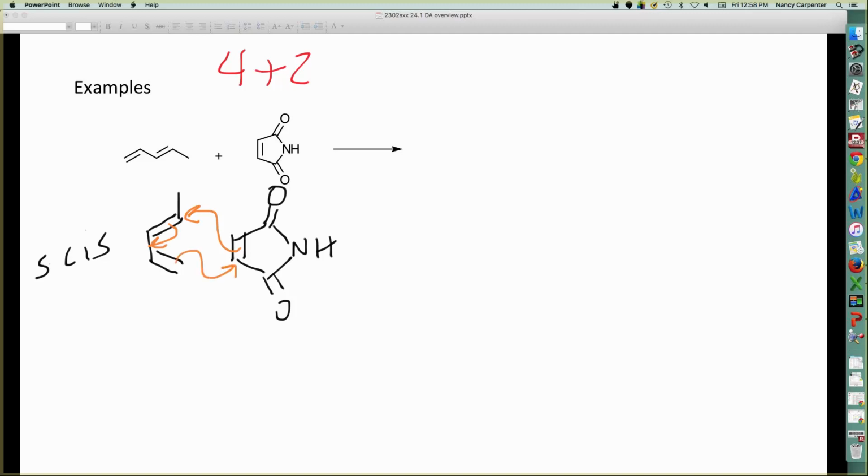And once I've done that, then I'm all lined up to draw my electron movement arrows. And that allows me to immediately draw my cyclohexene. Okay, so here's my cyclohexene. These are the two new bonds I made. And got to put the rest of this stuff on here.